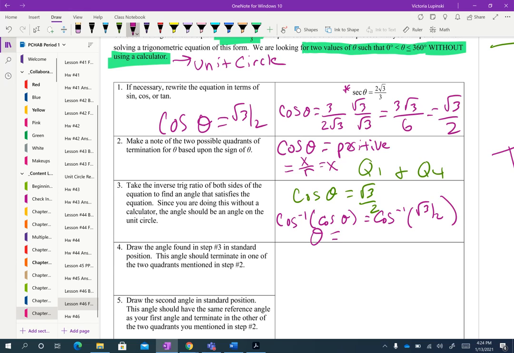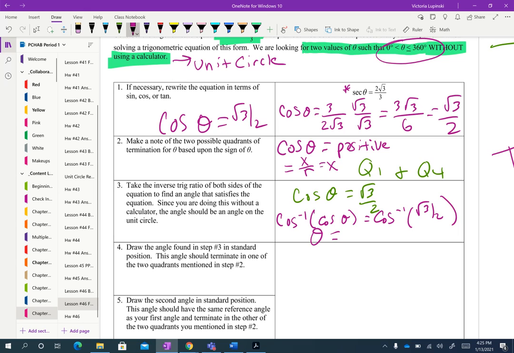And then when you see the inverse cosine of radical 3 over 2, what that is saying is that on the unit circle, and the directions told you between 0 and 360, give all the places in degrees where there is a positive cosine of root 3 over 2.